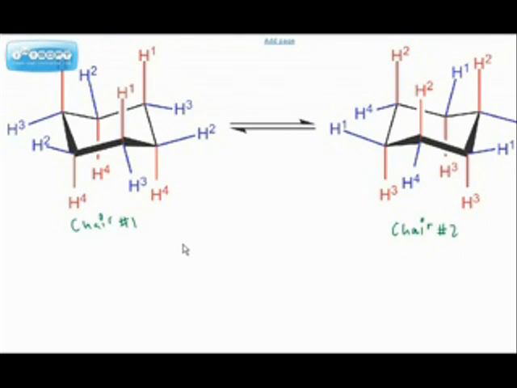Cyclohexanes exhibit this phenomenon called ring flipping, in which, if we're looking at this leftmost cyclohexane chair, where each of the red hydrogens are pointing either up or down, what happens is, through a process called ring flipping, these red hydrogens pointing either up or down then become, on chair number 2 over here, the hydrogens that are painted in blue. They kind of switch to the position of an equatorial plane of the cyclohexane molecule.